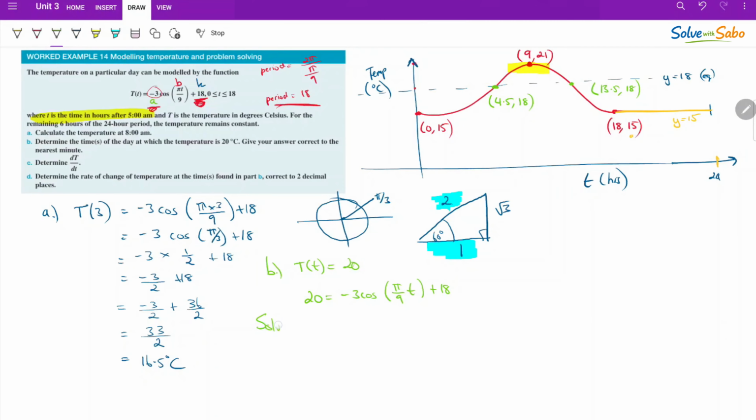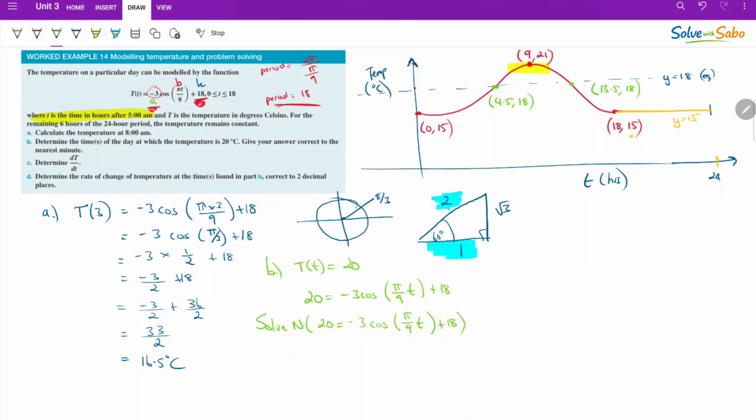I can, with angles, use solve n, and solve n is what we're going to use when there are a number or multiple solutions. So all I need to do is type into the run matrix of my calculator solve n for where this equation is equal to 20.